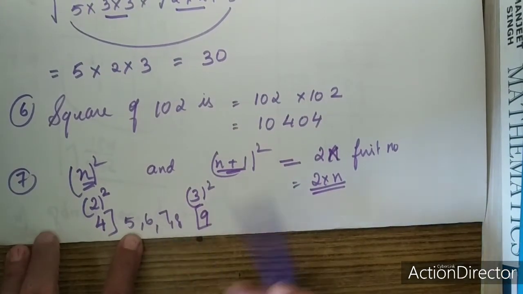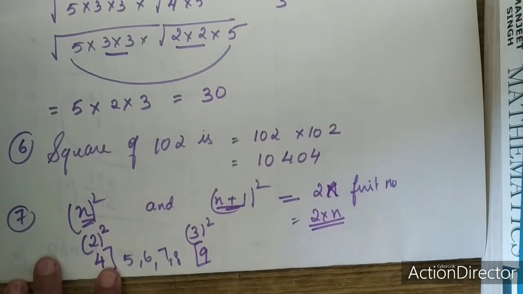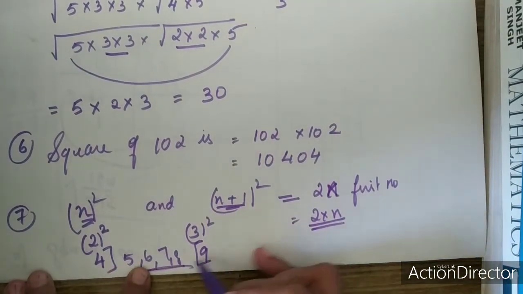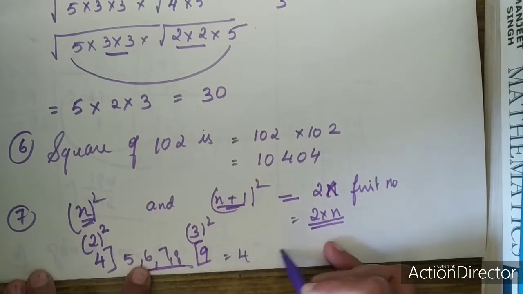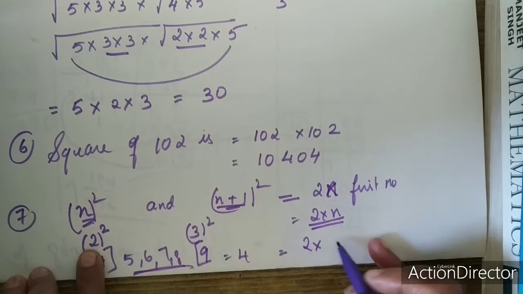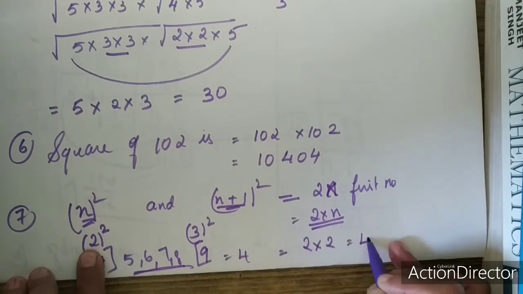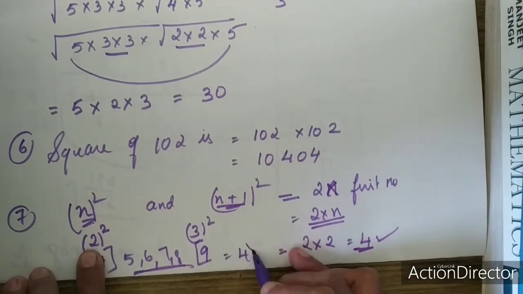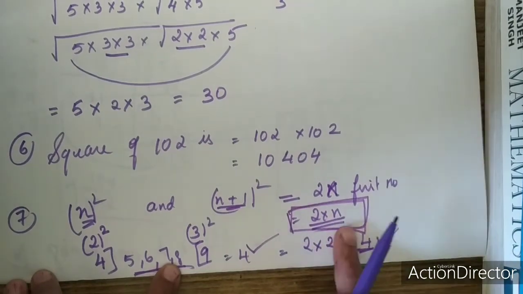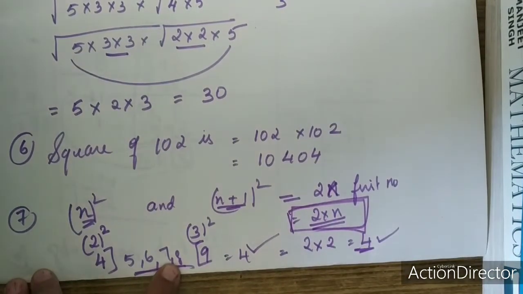You are having 5, 6, 7, 8. 4 numbers are there. So my answer is 4. You can also check it with the formula 2 into first number. What is my first number? 2. So 2 into 2 is also equal to 4. So both the answers are right. So my general formula is equal to 2n. You should not forget this formula.